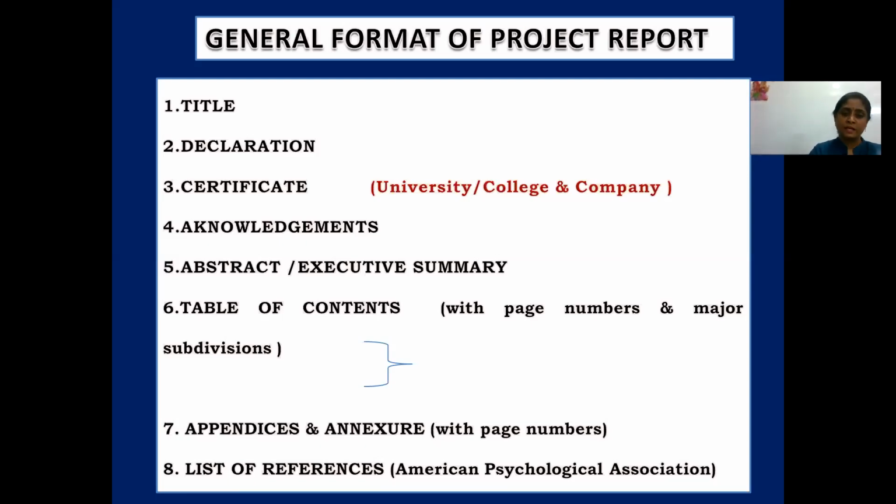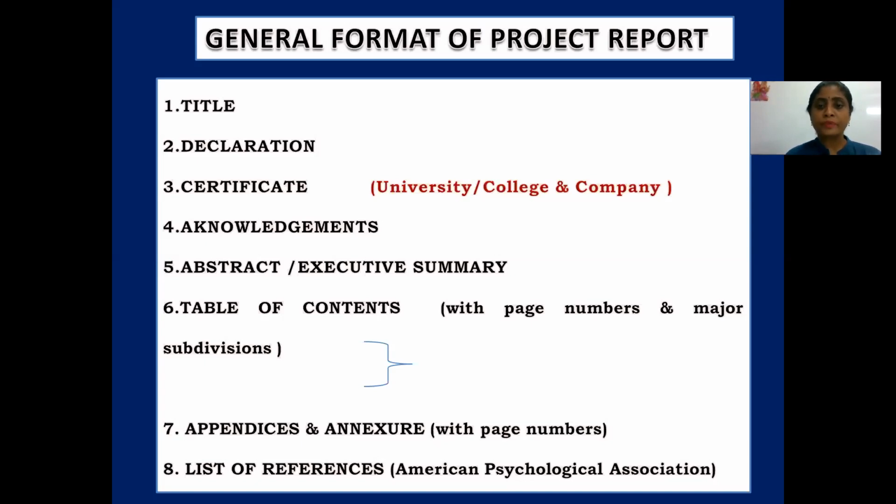Next one is appendices and annexure. Whatever project report you are going to submit needs some kind of supporting material. Additional and supplementary material should be added to your project report.